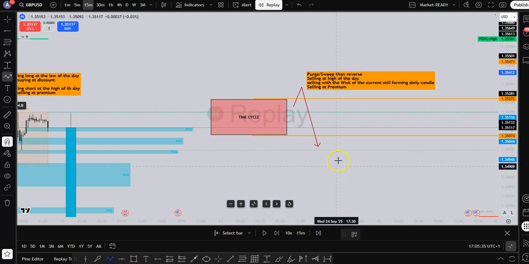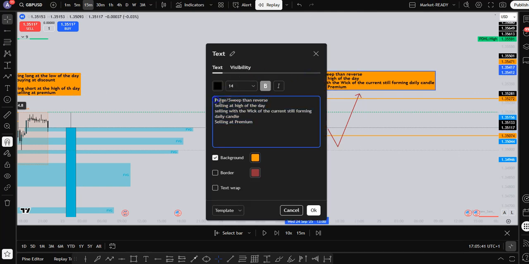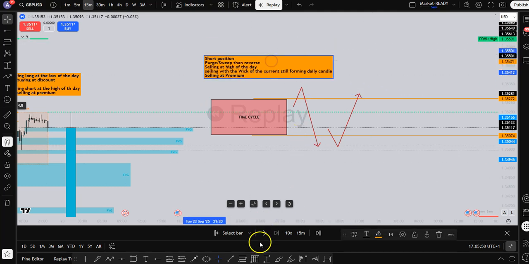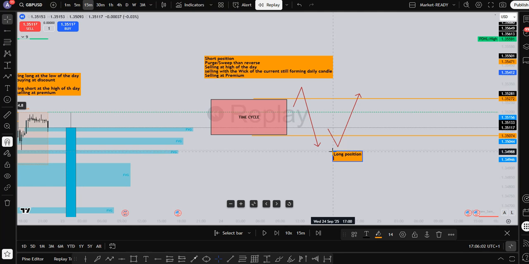On the other hand, for a bullish entry, for a long position, we wait for purge, sweep, and reverse, then reverse of the previous time cycle low.